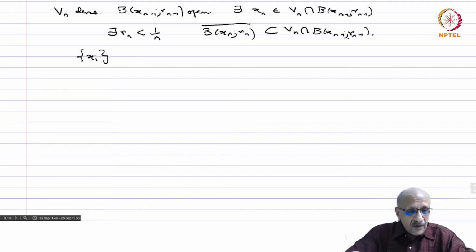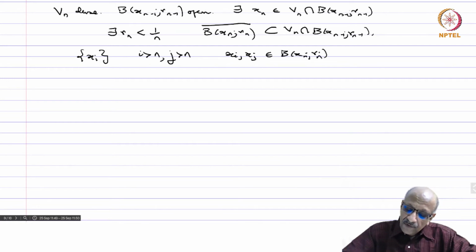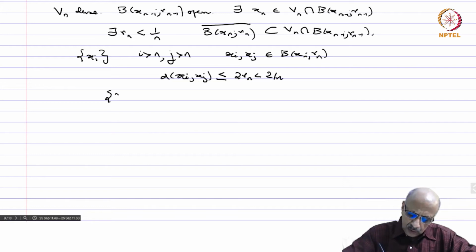So you have a family of decreasing balls, and therefore if you take any i bigger than n, j bigger than n, then xi, xj will belong to B of xn, rn, and therefore the distance of xi, xj will be less than or equal to the diameter, which is 2 times rn, and that is 2 by n, and therefore xi is Cauchy.